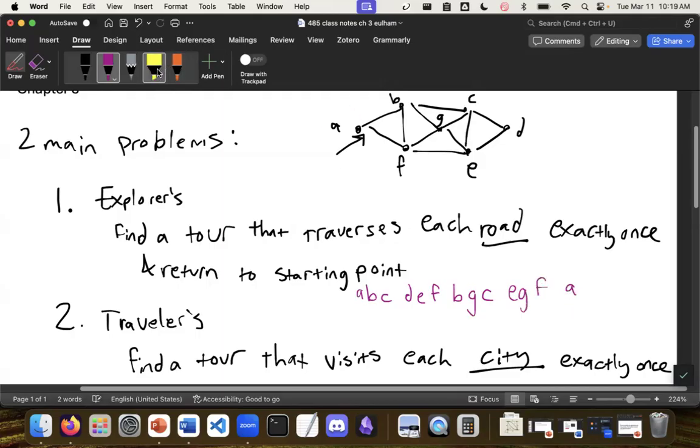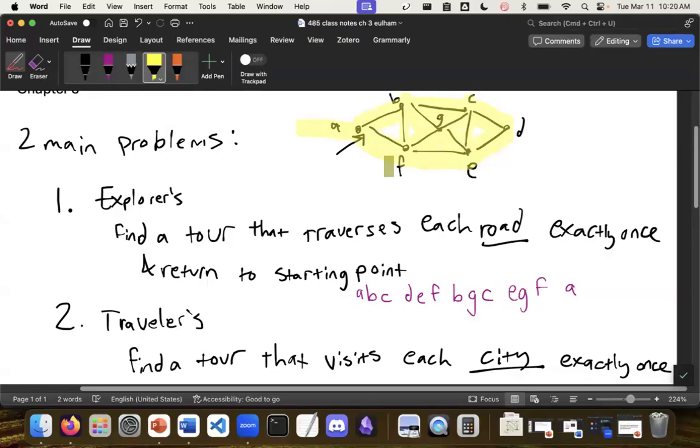Let's see that in action. We start at A, we go B, C, D, E, F. That takes care of all of those. Then back up to B, down to G, up to C. Then back down to E, and then we do the zigzag again, and then go back to A: G, F, and then A. As a result, we've covered every edge in the graph.